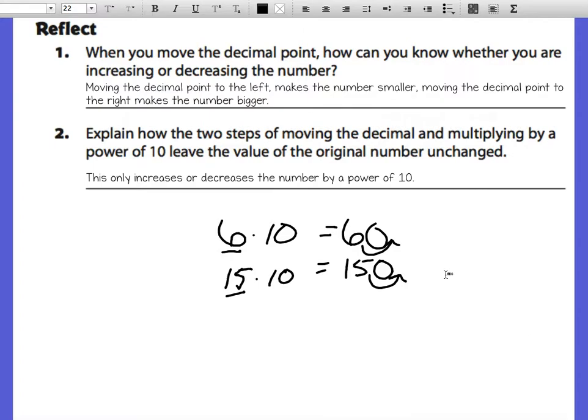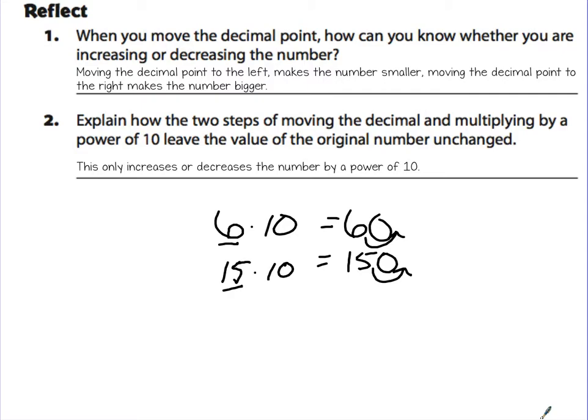Let's say I had 15 times 100. I would have 15, and the decimal would be here, and I would move the decimal 2 places, which would give me 1,500. So we're not adding numbers 1 through 9. When we move the decimal, we're only allowed to add zeros.